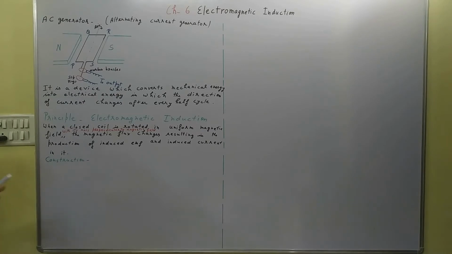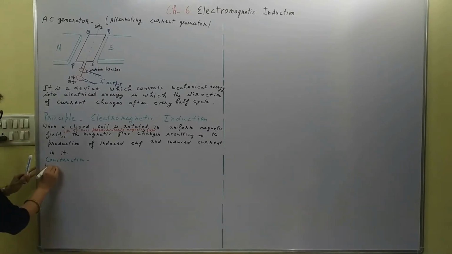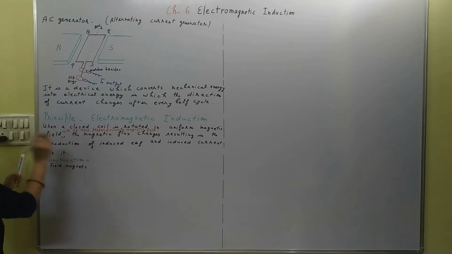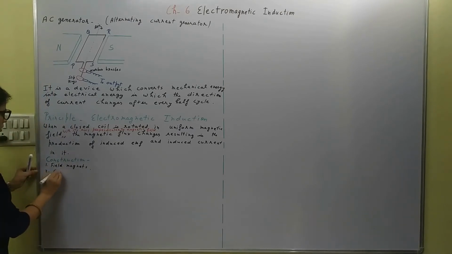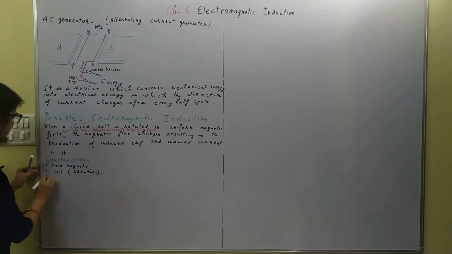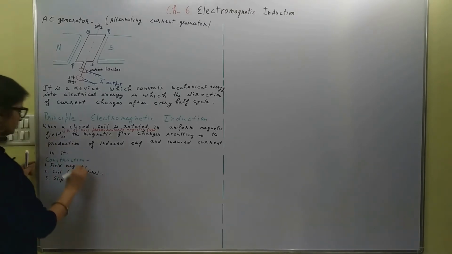So construction, we have first part is field magnets. These are the magnets between which the coil is placed. The coil is called the armature, and then we have slip rings, right?